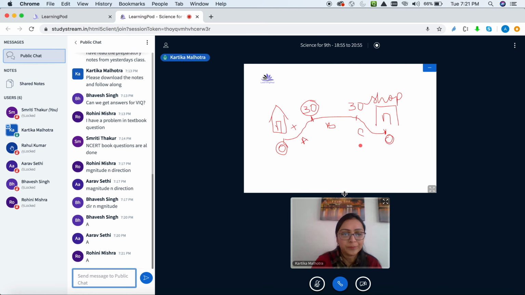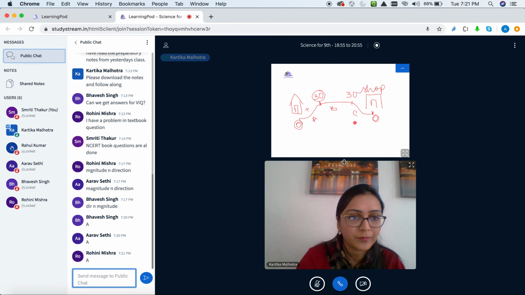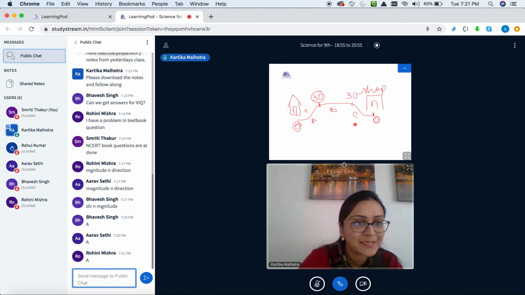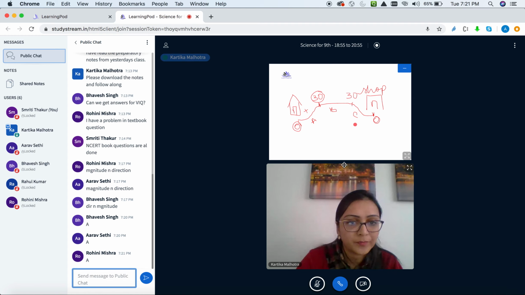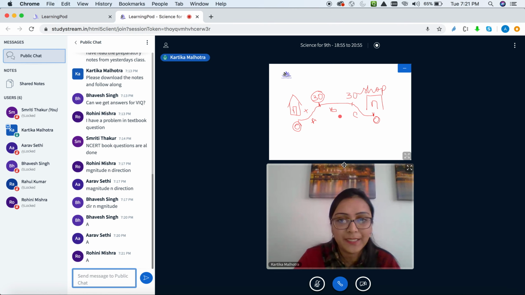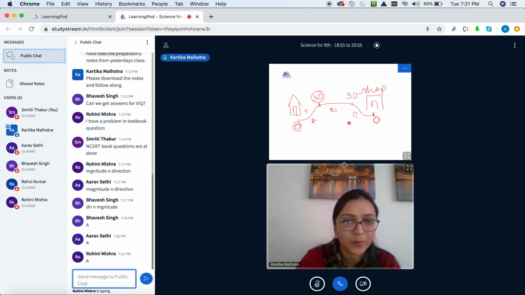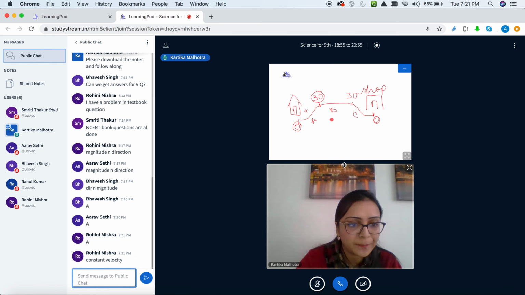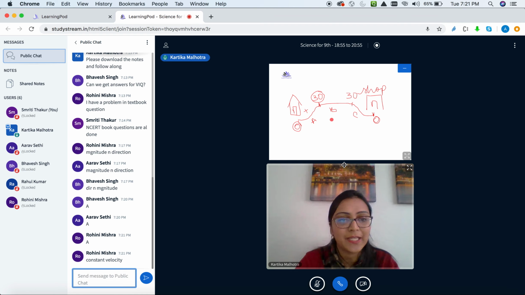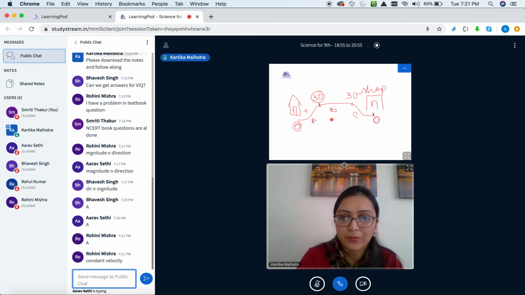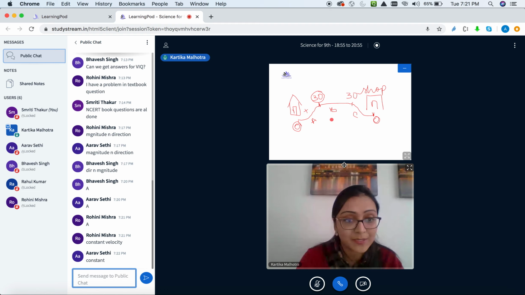Okay, what about B? Anyone? Rahul Kumar is raising his hand. Yes, Rahul. In B, deceleration. No, Rahul. Anyone else, before I explain? Yes, Rohini says constant velocity. Right. Since there is constant velocity and no change in velocity, there is actually no acceleration.